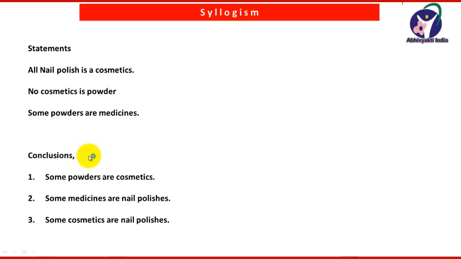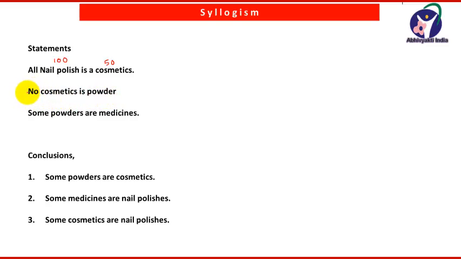To solve with the help of the 150 method, we assign some numbers to the subject and the predicate. The first statement is all nail polish is a cosmetic. When the statement begins with all, we give the subject 100 and the predicate 50. The second statement is no cosmetics is powder.